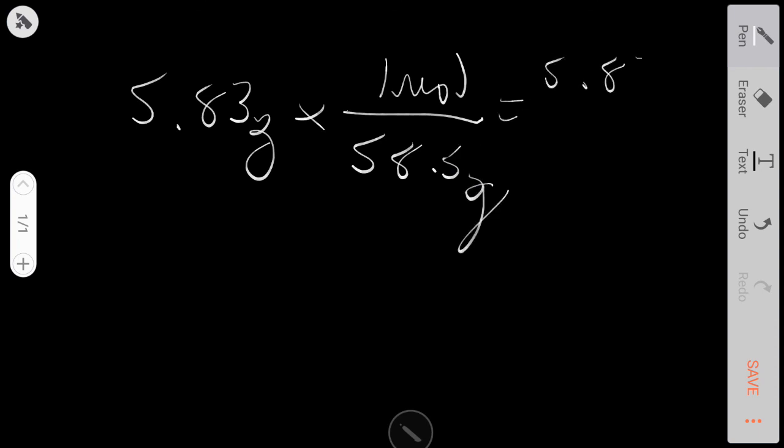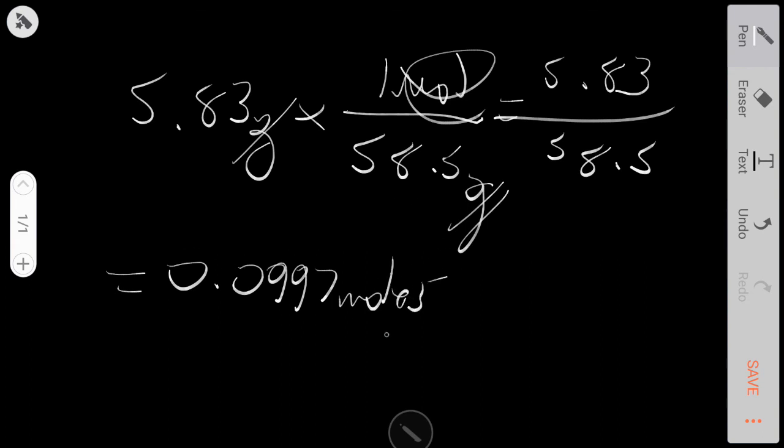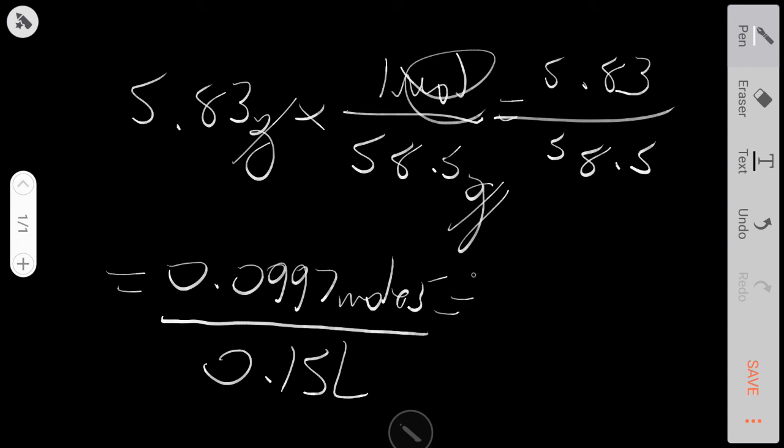So 5.83 divided by 58.5, grams cancel, and I'm left with moles. This should give me 0.0997 moles. To find molarity, I divide that by how many liters I have, which was 0.15 liters. That should give you 0.664 as your answer, and therefore your answer is A.